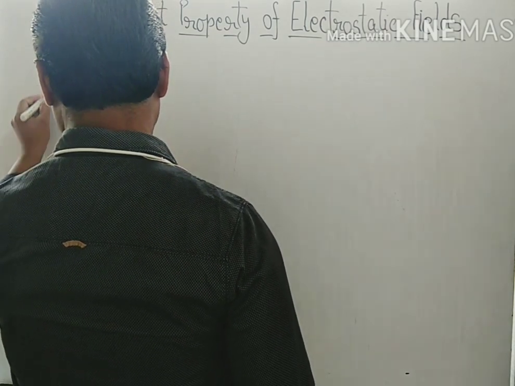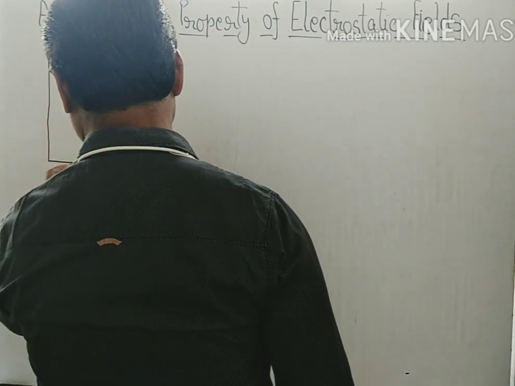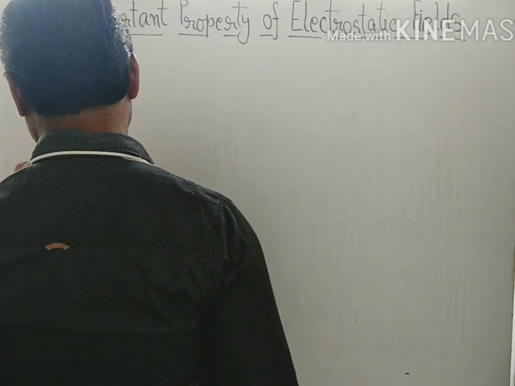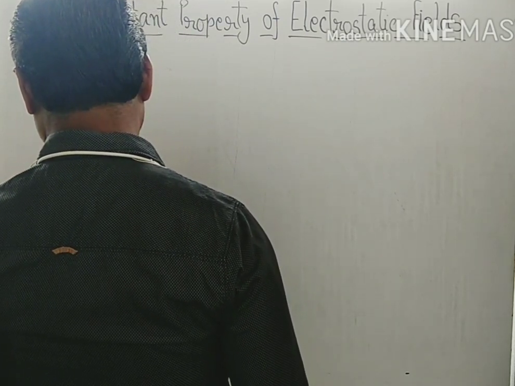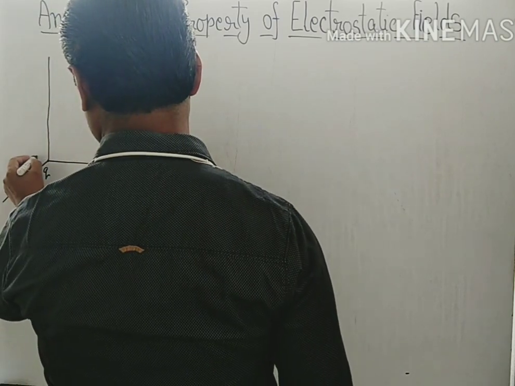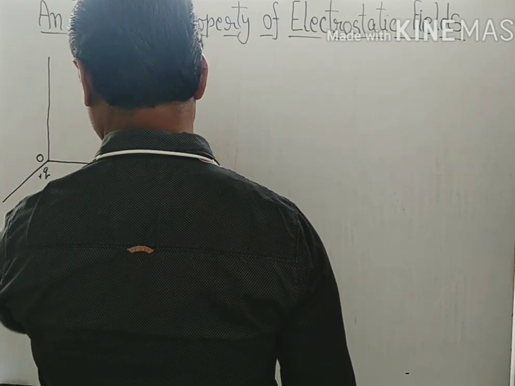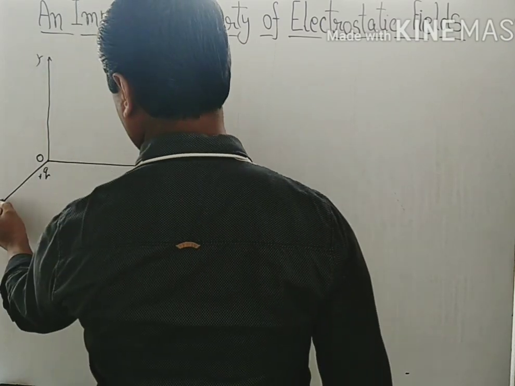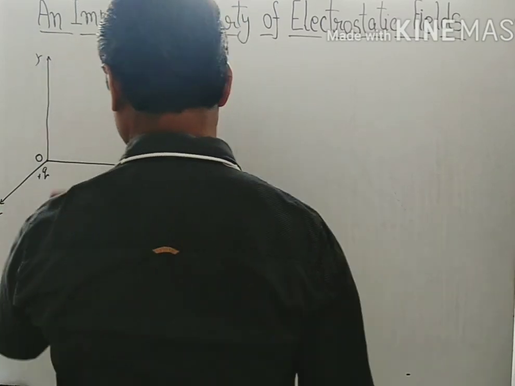Let me have a three-dimensional rectangular coordinate system in which we have the position of source charge plus q at its origin O. Now x, y, z, these are the three coordinates that we have.